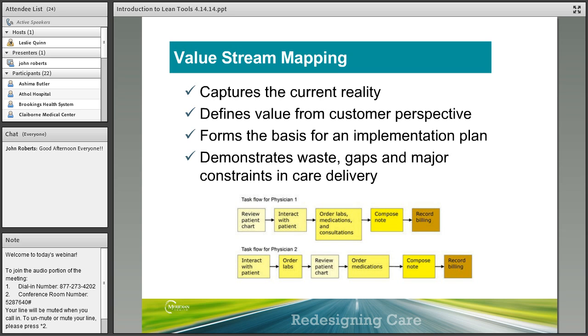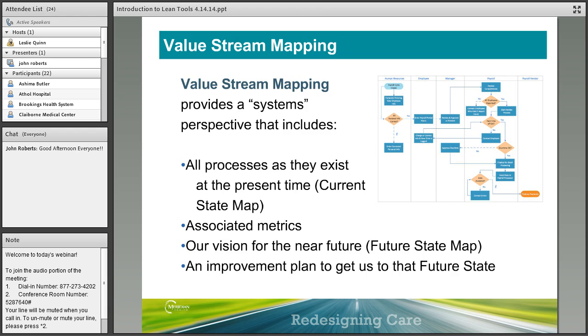When we go through a value stream mapping process, we pretty easily can identify some of the major bottlenecks, breakdowns, waste in the system. So this gives us a basis to start creating that new future state map where we can eliminate those waste gaps and the major constraints throughout the process.